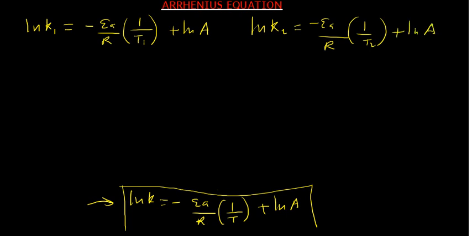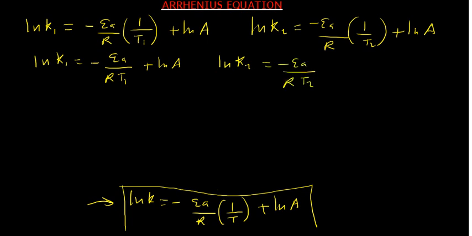So this is the form that we are going to get, where I can as well just say ln k1 is equal to negative EA divided by RT1 plus ln A, and then ln k2 being equal to negative EA divided by RT2 plus ln A. Now at this point, let's say this first one is equation 1 and this is equation 2.